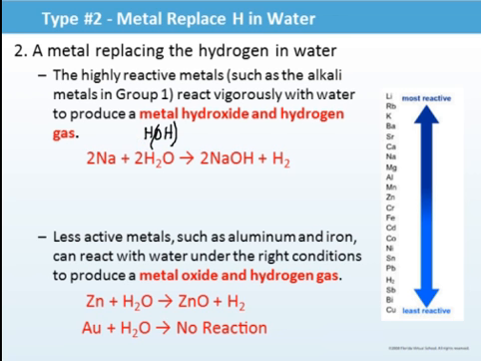So we look up on the activity series. We look for sodium. Sodium's right there. We look for hydrogen, which is right there. So sodium is higher than hydrogen. It will occur. So then sodium is going to form a bond with the hydroxide. When we look at this, sodium has a +1, hydroxide has a -1.